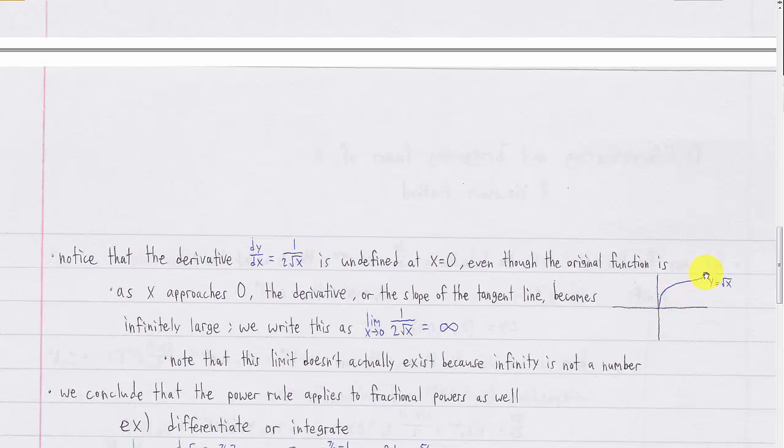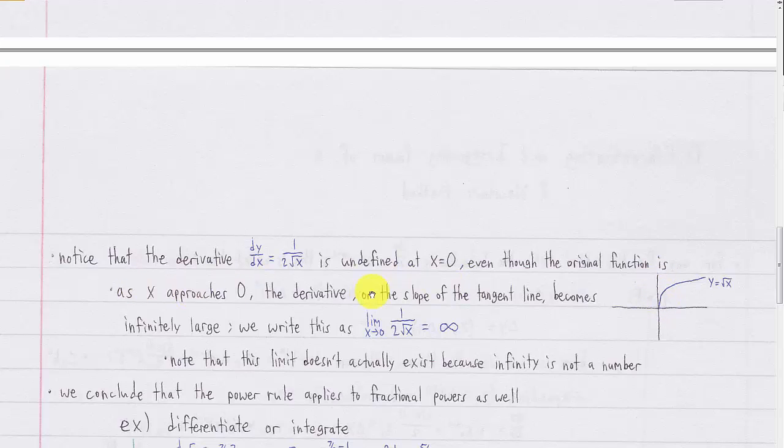And so this is the graph of the original function square root of x. And remembering that the derivative is the slope of the tangent line, you can see that as x approaches 0, the tangent line gets really, really steep. So the slope of the tangent line is going to be increasing a lot, to infinity.